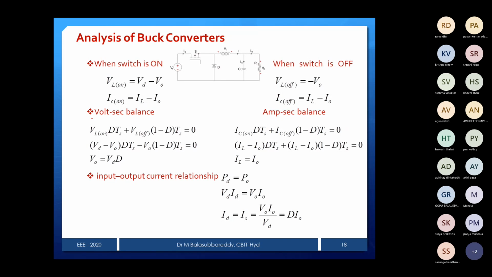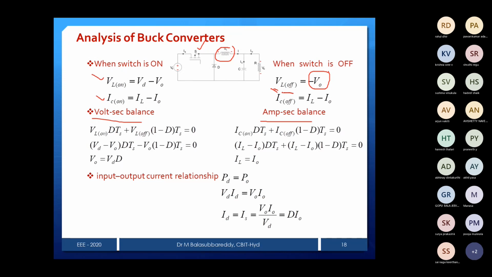So these are the parameters I need. I want the volt-second balance equation and the ampere-second balance equation to get the derivation of the current and voltage relations. For that I calculated the voltage across the inductor when it is on, and the current passing through the capacitor when it is on. In the same fashion, when the switch is open, the voltage across the inductor is minus Vout.